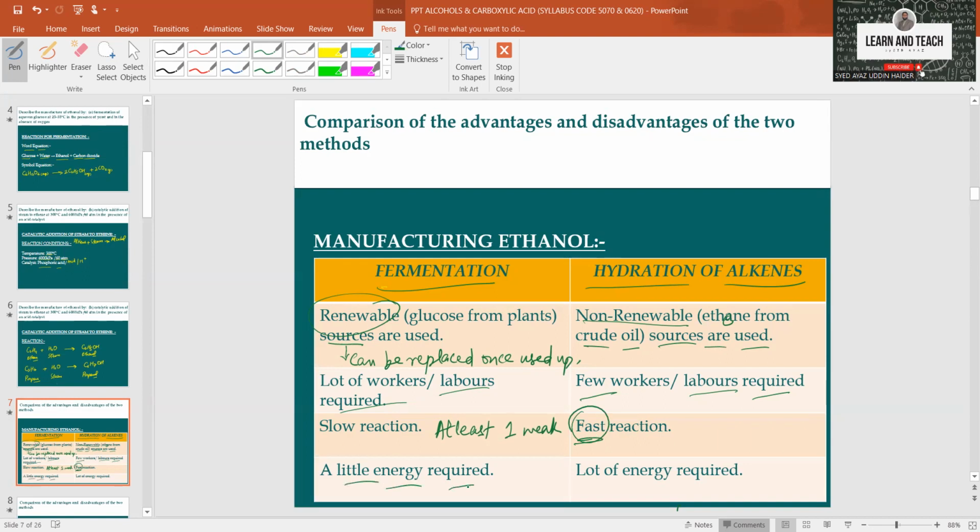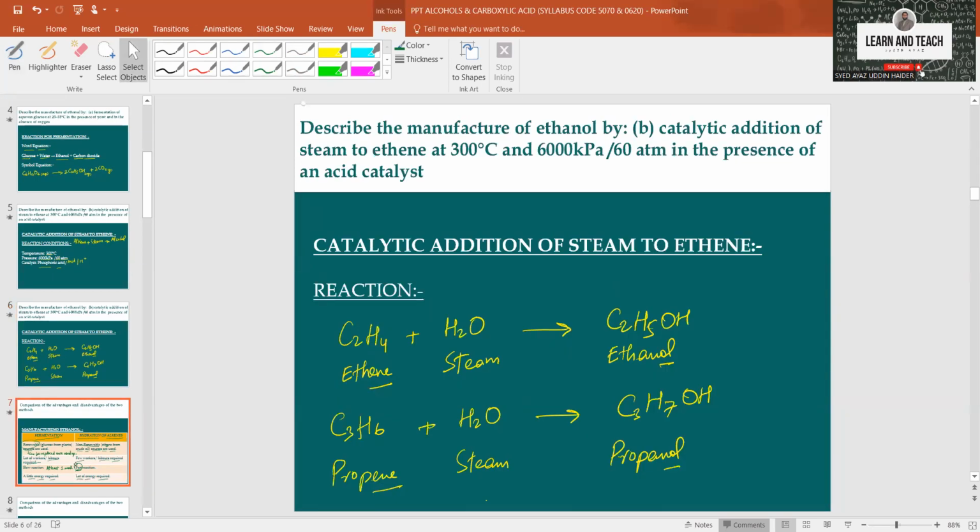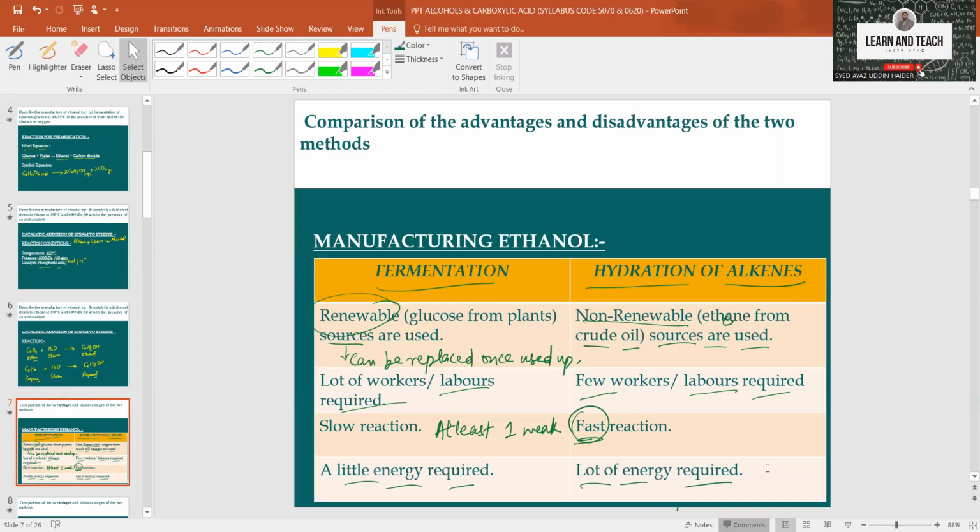In case of hydration, a lot of energy is required. You have seen the reaction conditions here, temperature needed is 300 degrees centigrade. And here you see temperature, 25 degrees centigrade to 35 degrees centigrade.